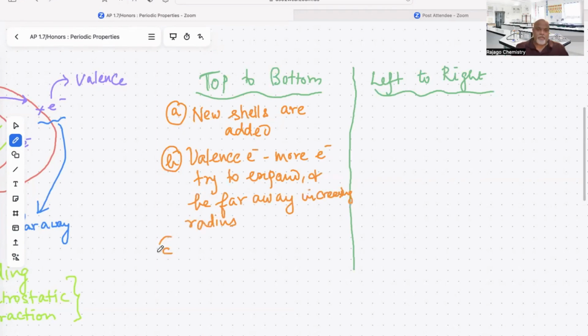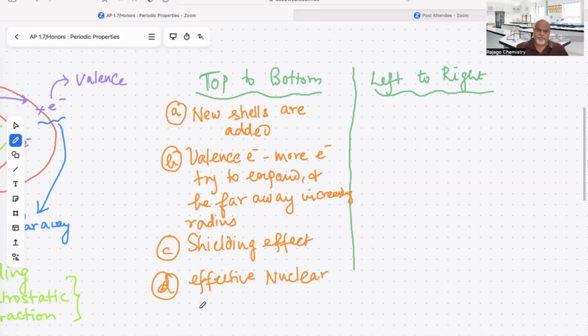The shielding effect also helps, right? And then we have the effective nuclear charge. The effective nuclear charge is decreasing. So we know that the electrons are far away. The inner electrons are helping them. Okay, it shields, so the outermost electron cannot feel it.